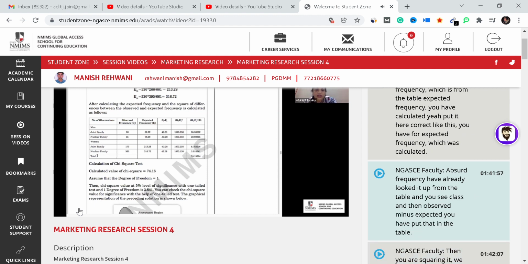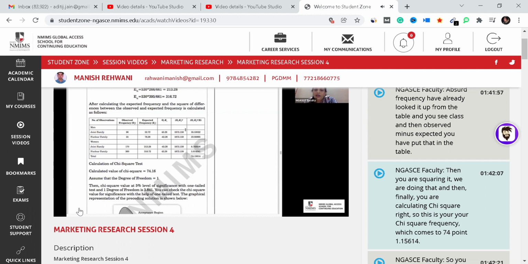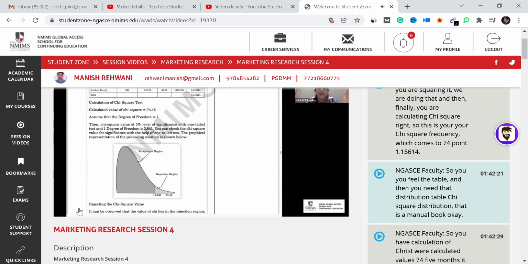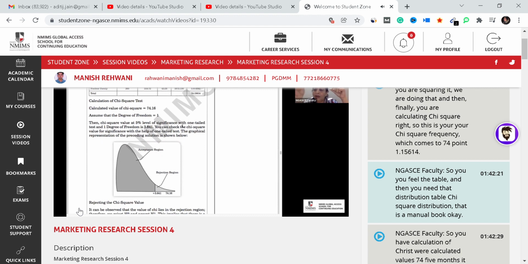Can you see, class? And then observed minus expected, you have put that in the table. Then you are squaring it. And then finally you are calculating chi-square, right? So this is your chi-square value, which comes to 74.1415614.